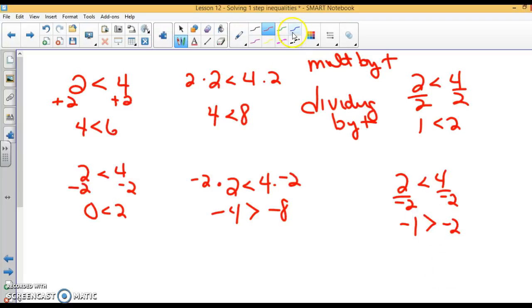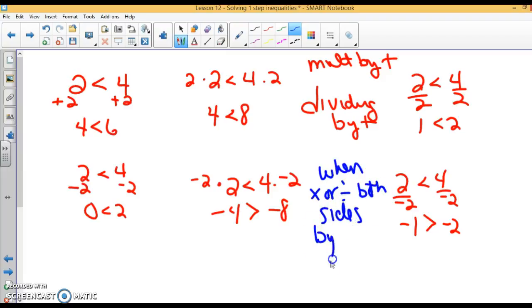This is a key point. When multiplying or dividing both sides by a negative, you must switch the inequality.